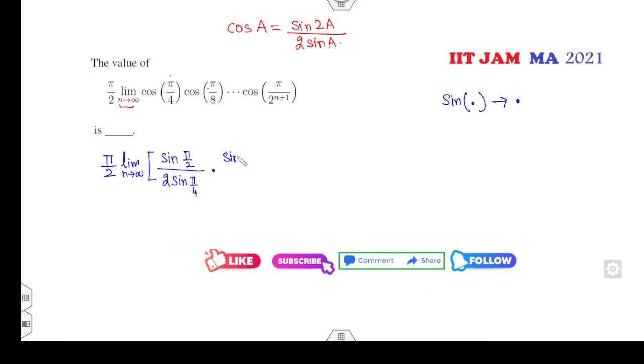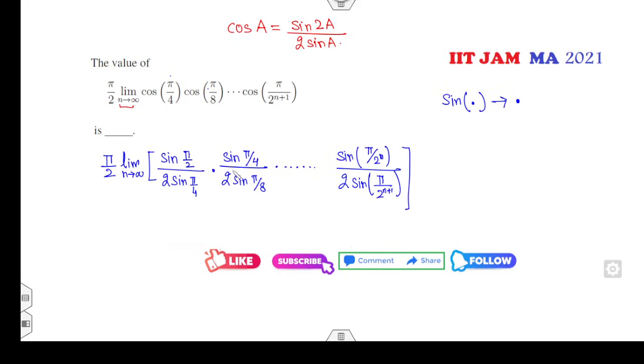It is sine pi by 4 divided by 2 sine pi by 8, and so on. The last term will be sine of pi by 2n divided by 2 sine of pi divided by 2 to the power n plus 1.